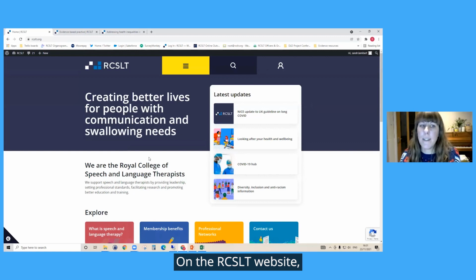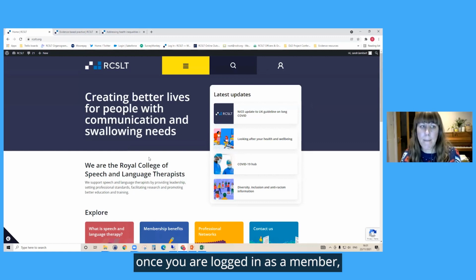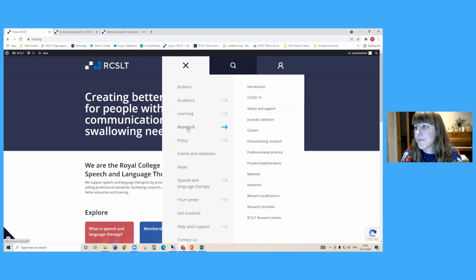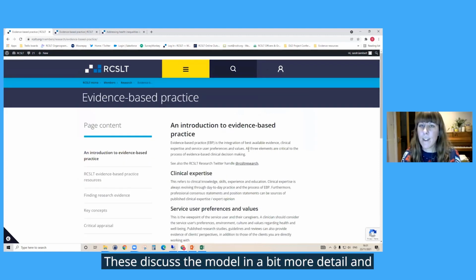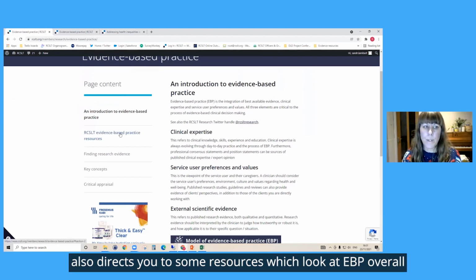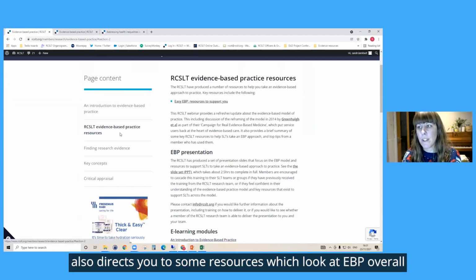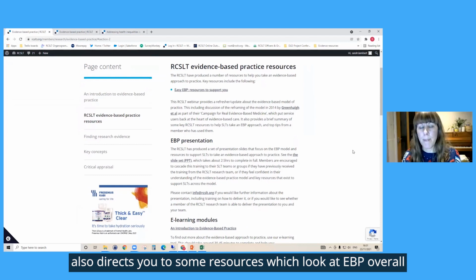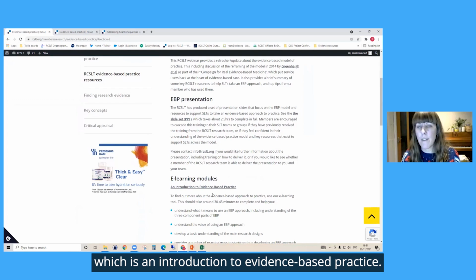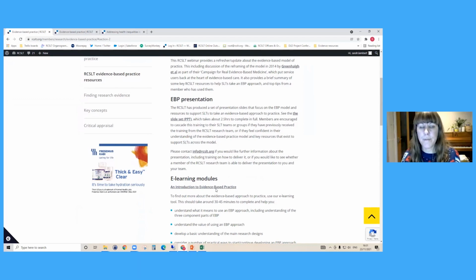On the RCSLT website, once you're logged in as a member, you will find our EBP pages. These discuss the model in a bit more detail and also direct you to some resources which look at EBP overall, and that includes our e-learning module, which is an introduction to evidence-based practice.